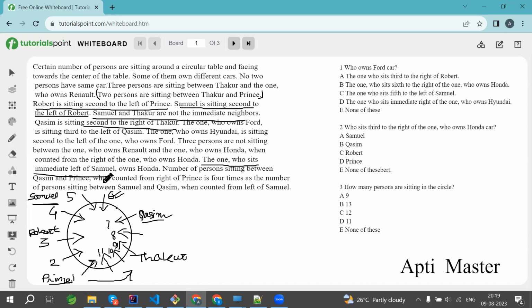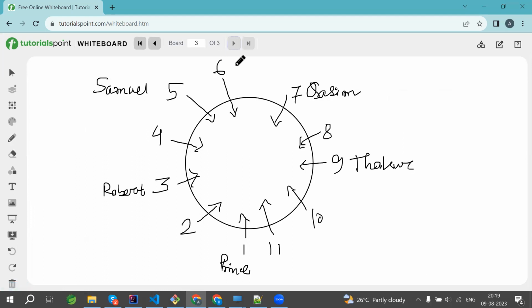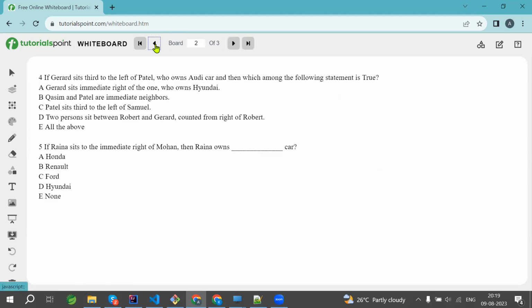So the one who sits at sixth position owns the Honda, right? So I will just draw here. Here he owns Honda, right?